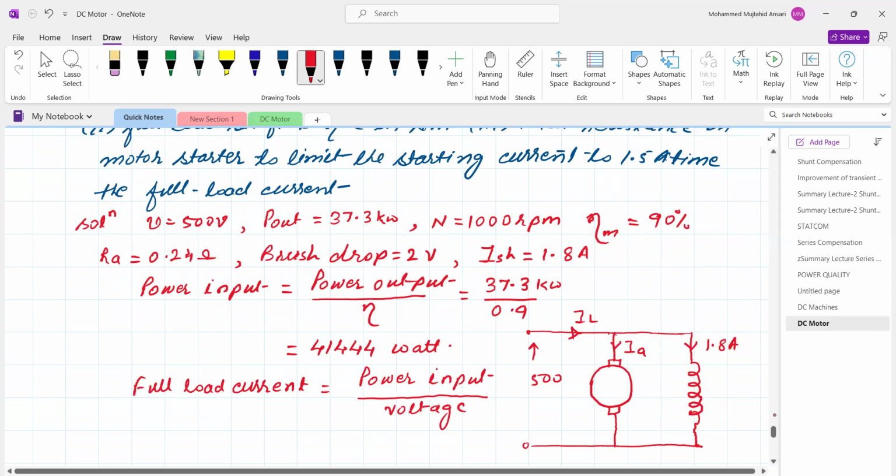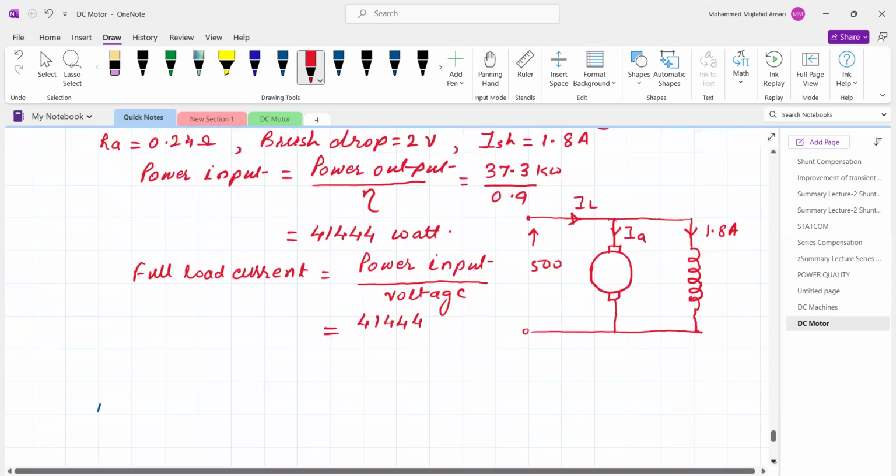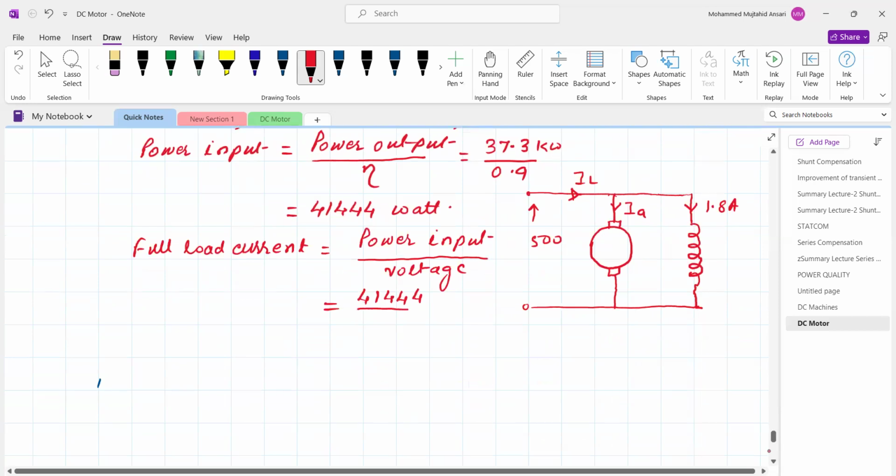So it is 41444 divided by 500 volt. So the full load current is 82.9 ampere. So this value is important.